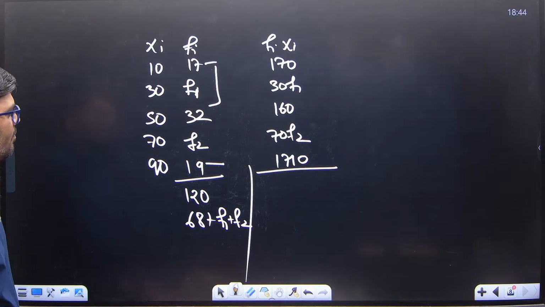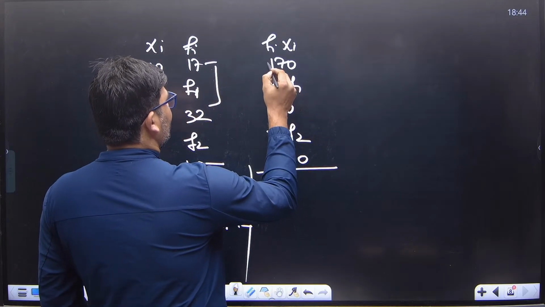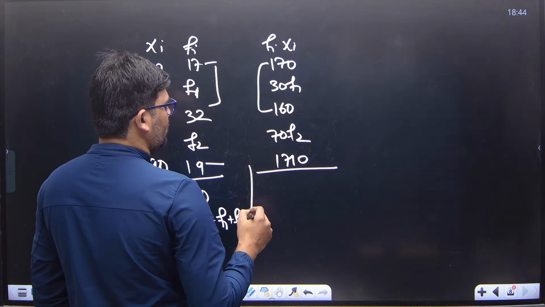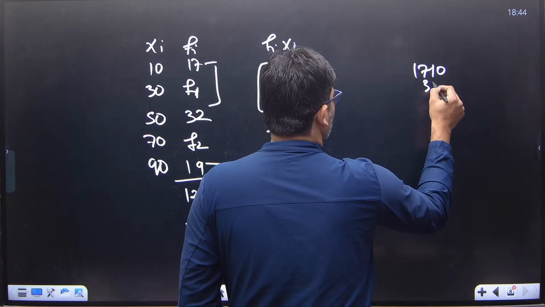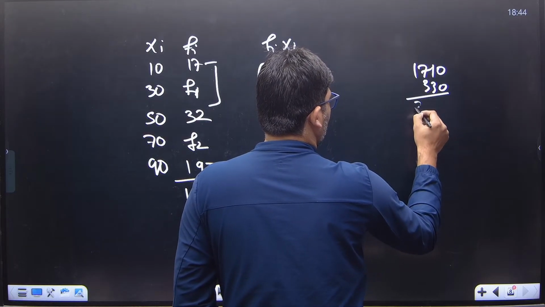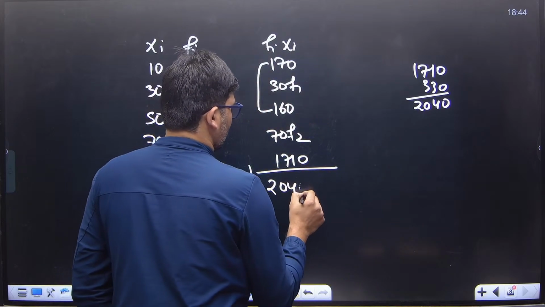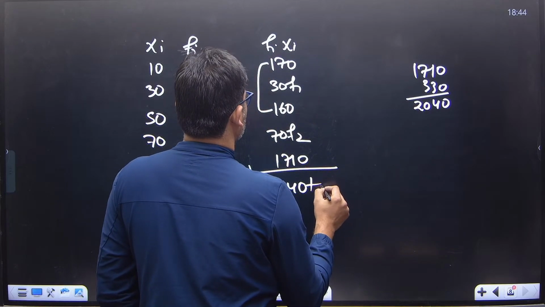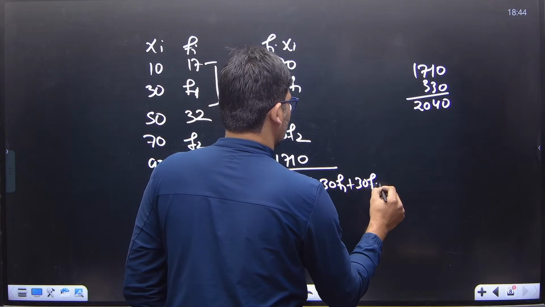So if we do the sum of all the observations, 117 plus 16 is 330. And 1710 plus 330 is going to be 2040 plus 30 f1 plus 30 f2.